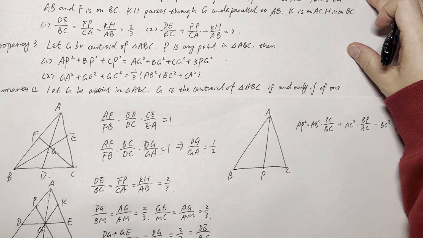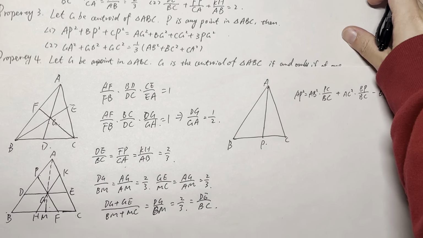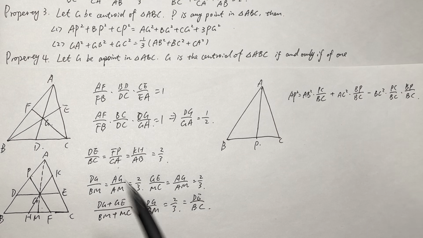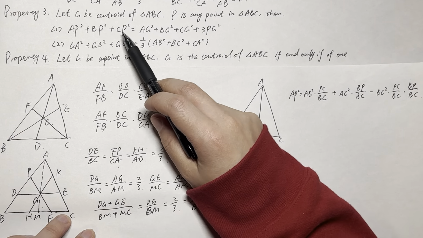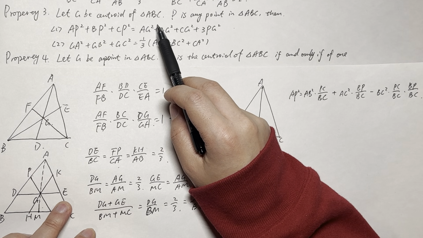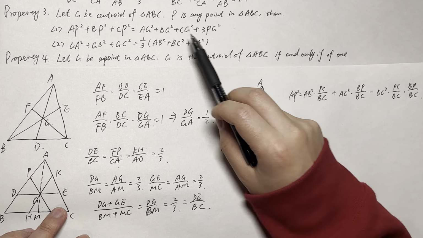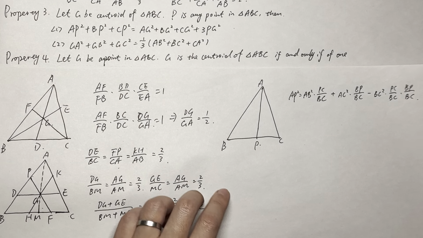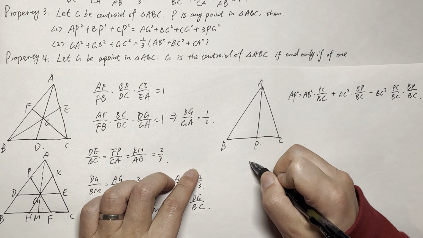Let's see property 3. Let G be the centroid of triangle ABC, and P is any point in triangle ABC. Okay, let's just draw the figure first.